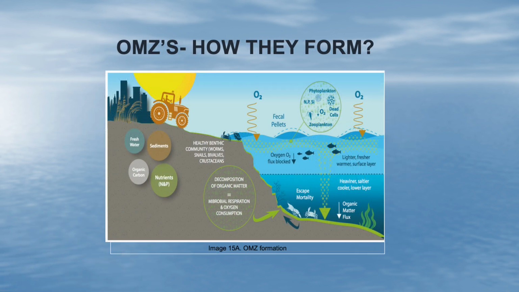So, oxygen minimum zones, how do they form? I love this image. It shows one natural cause of how these oxygen minimum zones form. They are very different from hypoxic dead zones in that they are naturally occurring and not made from the byproduct of human activities. These zones are created due to a series of biological, chemical, and physical processes.